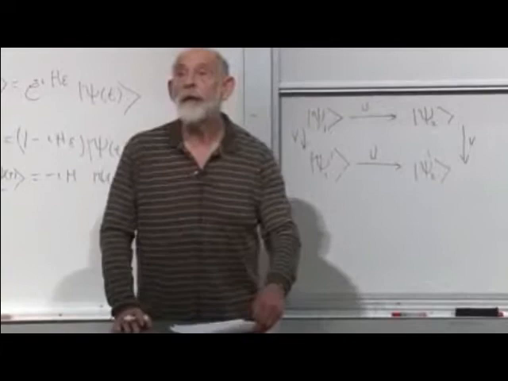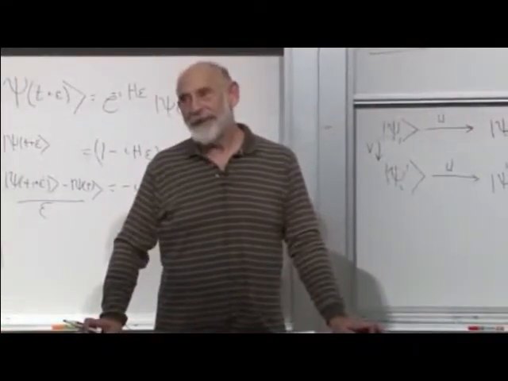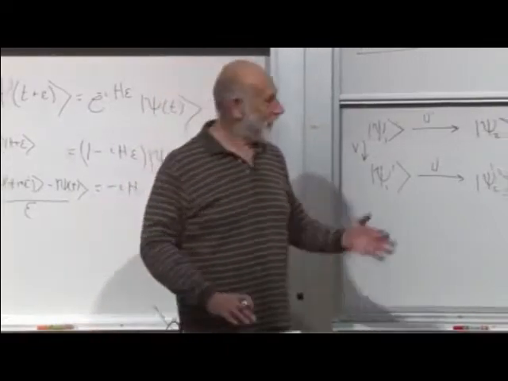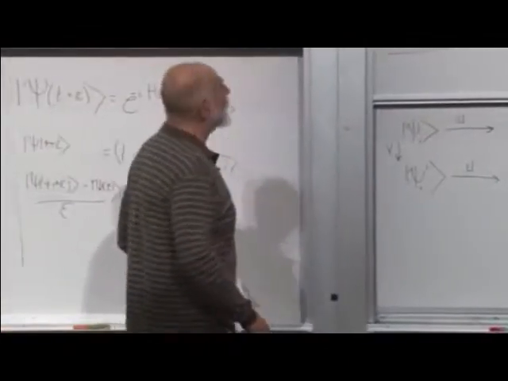So physically, you're saying you can rotate and then wait, or you can wait and then rotate. Exactly. The words are very simple and they make perfect sense, and yes, that's exactly what it says.